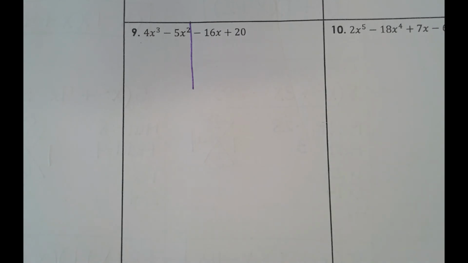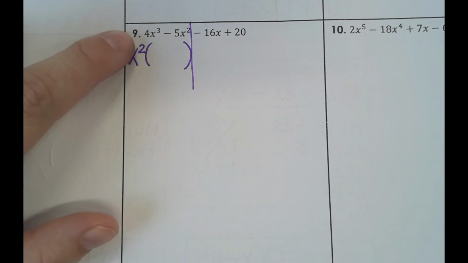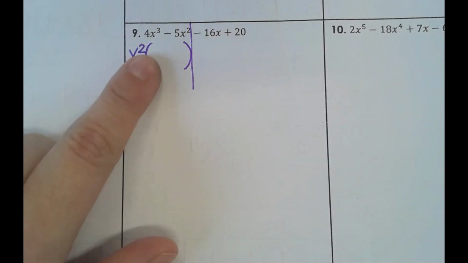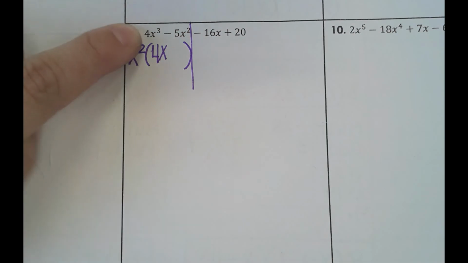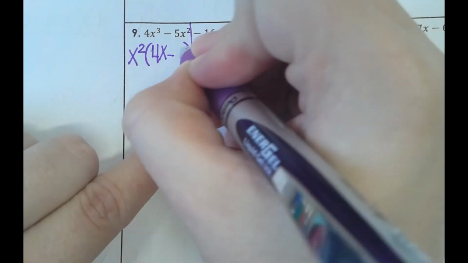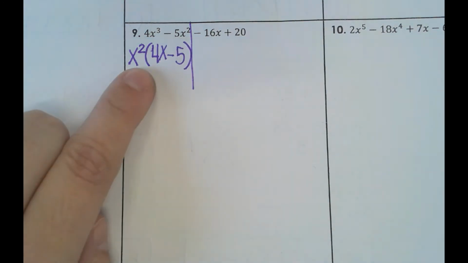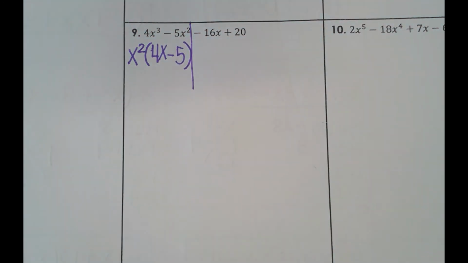So look at your x's. x squared again. Oh, we're still on number 9. So this one, when you take out an x squared, we're still left with that 4 and an x. And then minus 5, because we took out the x squared, it still had that minus 5.